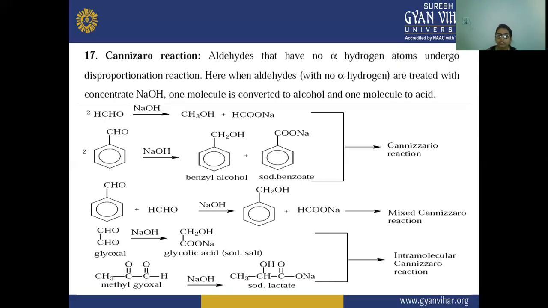So the next reaction is the Cannizzaro reaction. The Cannizzaro reaction is a very important reaction, and it is given in your syllabus also. Aldehydes that have no alpha hydrogen atom undergo this disproportionation reaction. When aldehydes with no alpha hydrogen are treated with concentrated NaOH, one molecule is converted to alcohol and one molecule to acid.